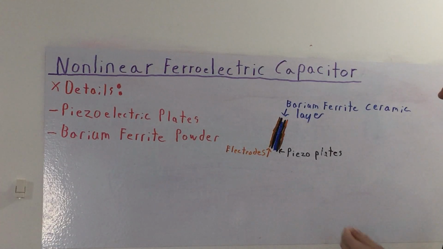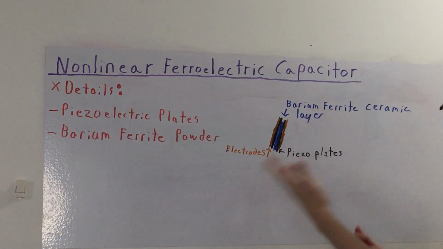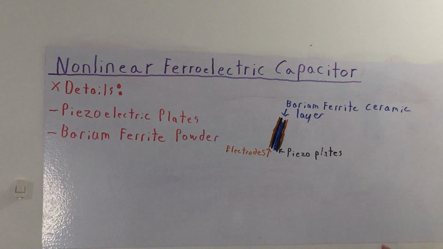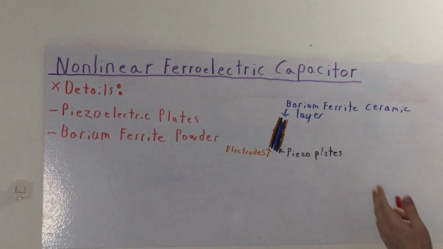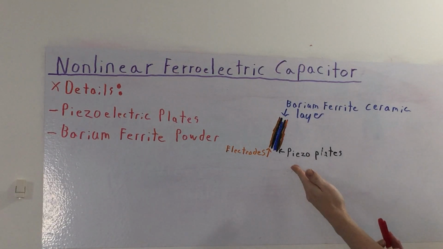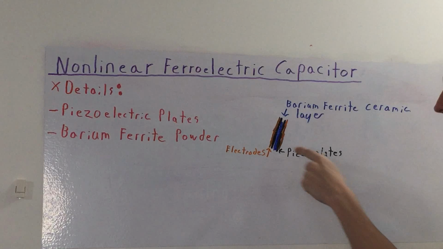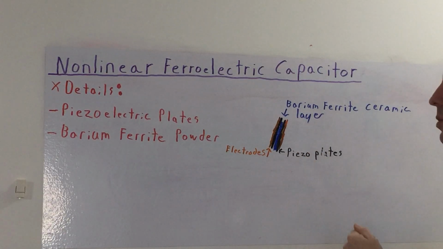If this assembly is mechanically stressed, for example, by vibrations or compression, the piezoelectric plates will generate a voltage as well, potentially modulating the voltage across the barium ferrite ceramic layer here, which is very interesting, like Tom Bearden was talking about.